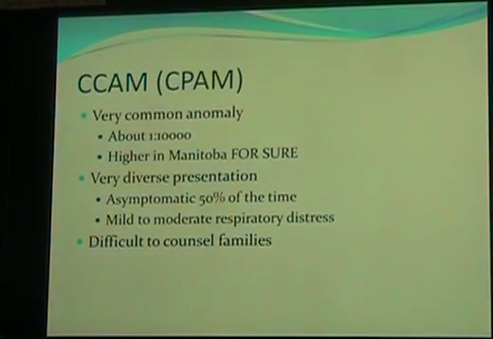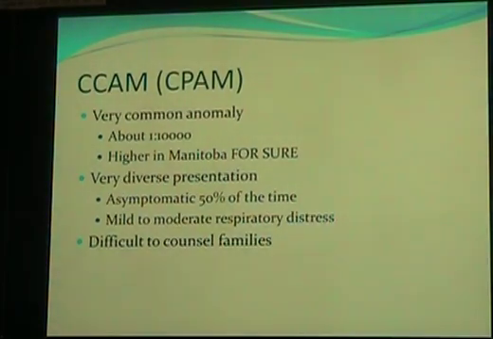The frustrating thing with CCAMs, which makes it very, very difficult to prognosticate for families, but also to predict if you're going out on a transport for a baby antenatally who has a CCAM, is how they'll be at birth. About 50% of babies will be found to be asymptomatic, and the remainder tend to have mild to moderate respiratory distress.